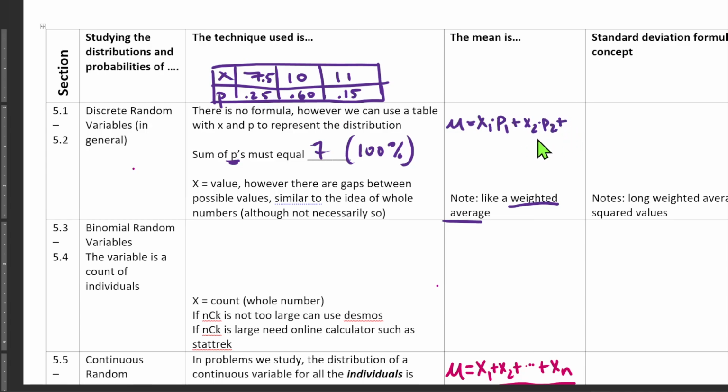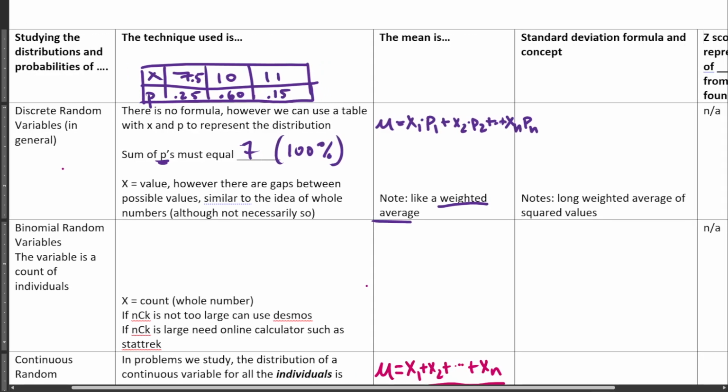And I'm going to run out of room here, but plus dot, dot, dot, plus all the way to the final x value times its final p value, which we would say is xn times pn. And there should be more dots here to show all the numbers that'd be in between. So that's the mean. What about the standard deviation?